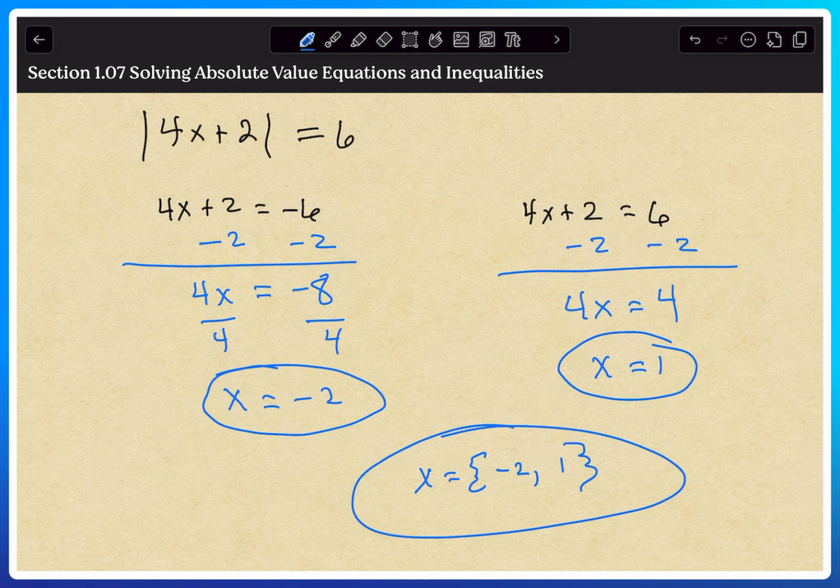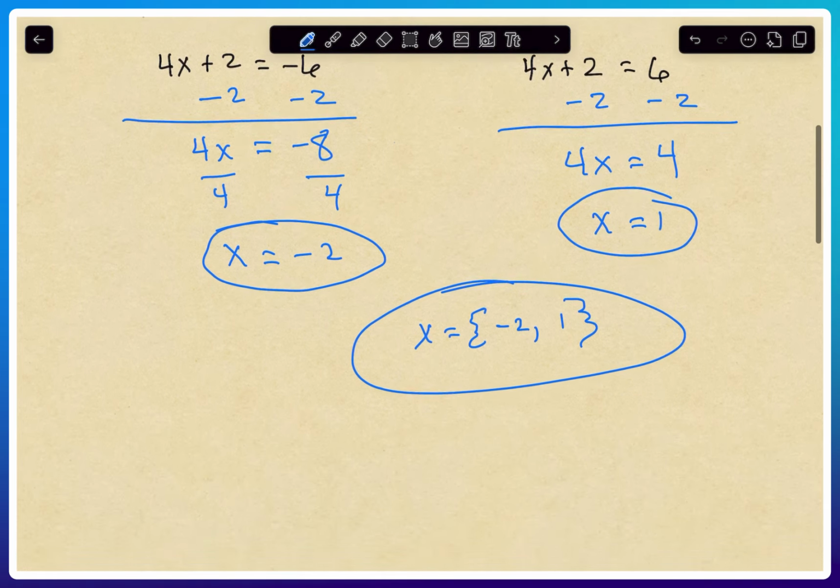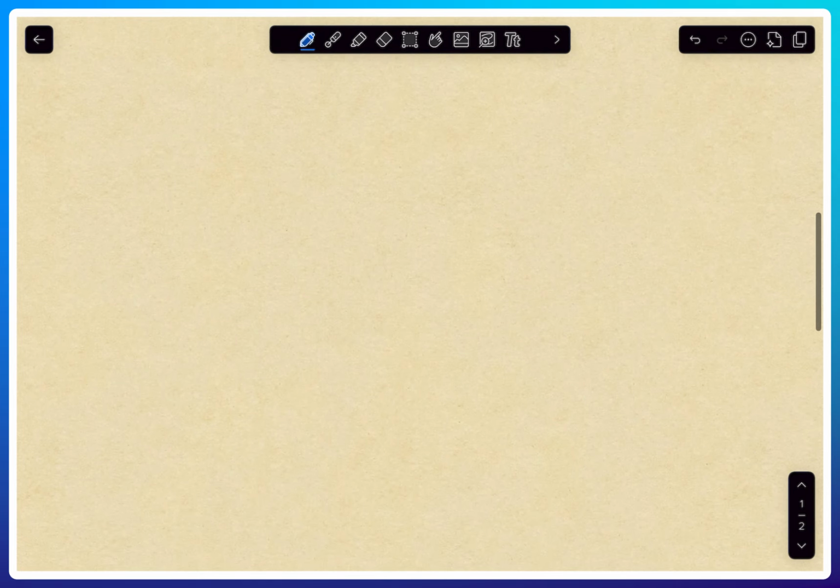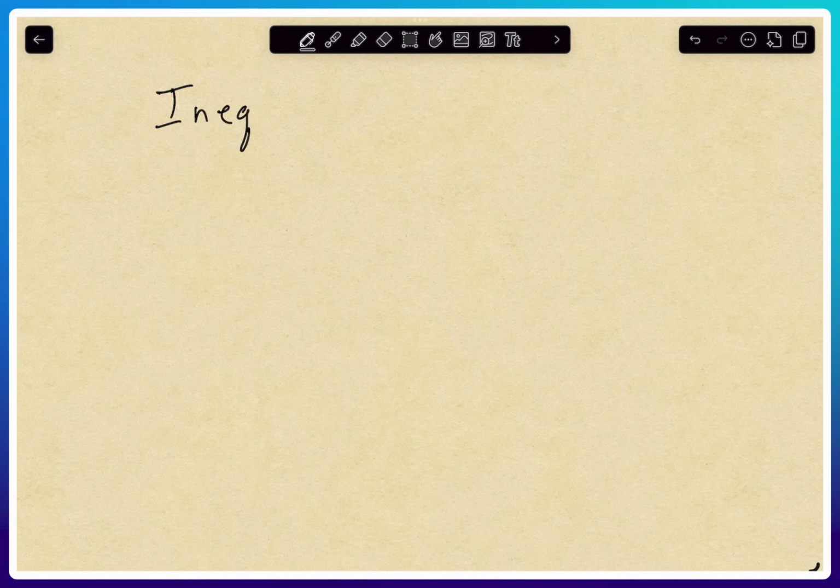All right, let's go on. That is what you call an absolute value equation. Now there's another one, and that's called an inequality.